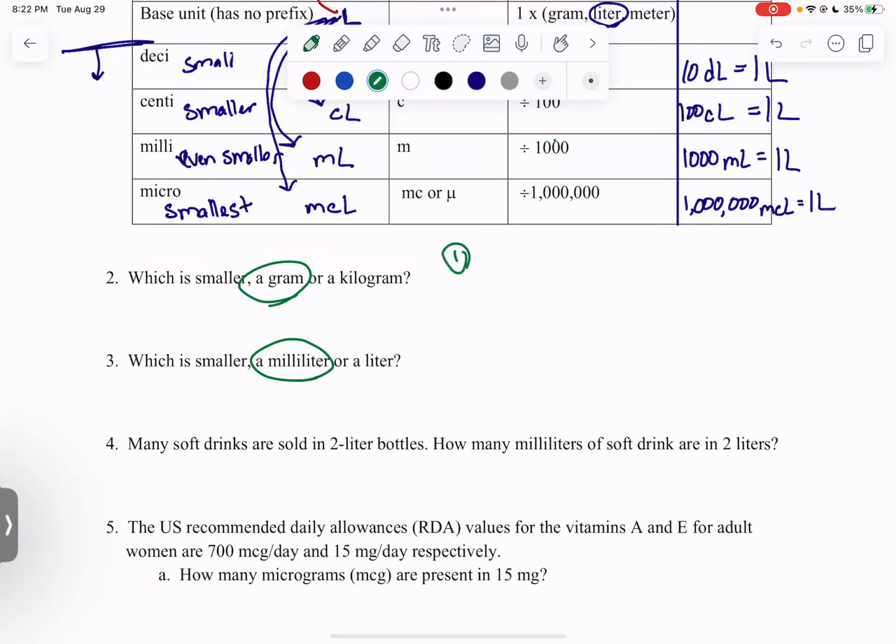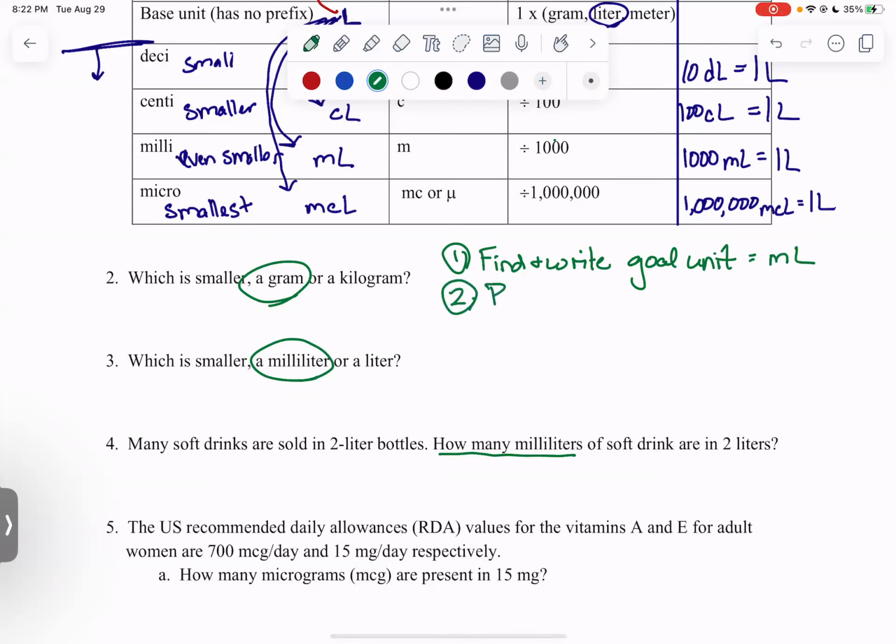The first step is to find and write your goal unit. So for this one, what's my goal unit? My goal unit is how many milliliters of the soft drink are in 2 liters. So my goal unit is milliliters.